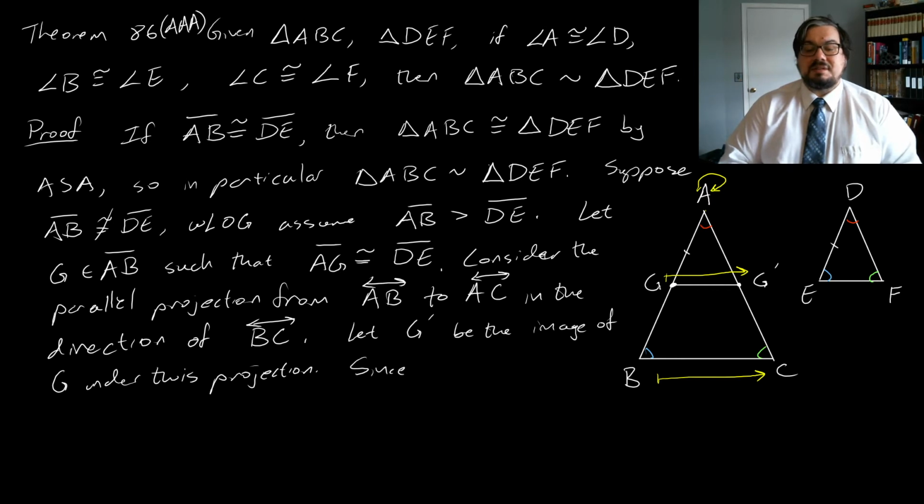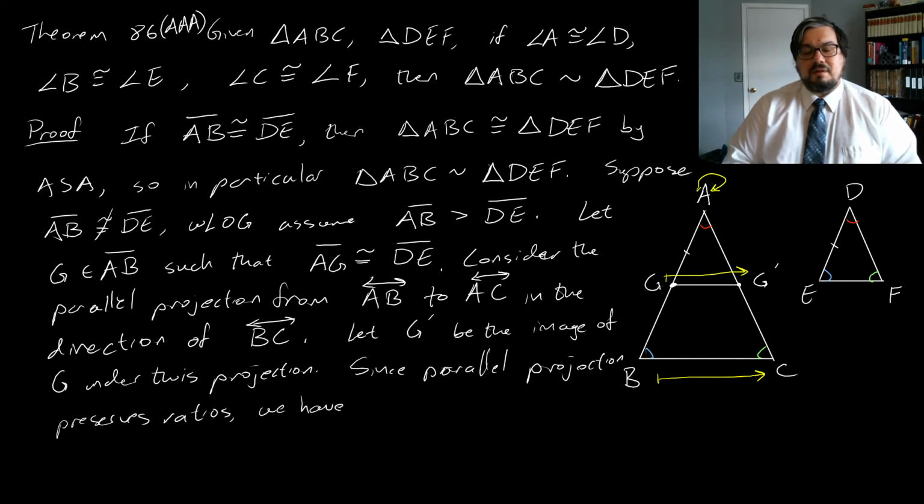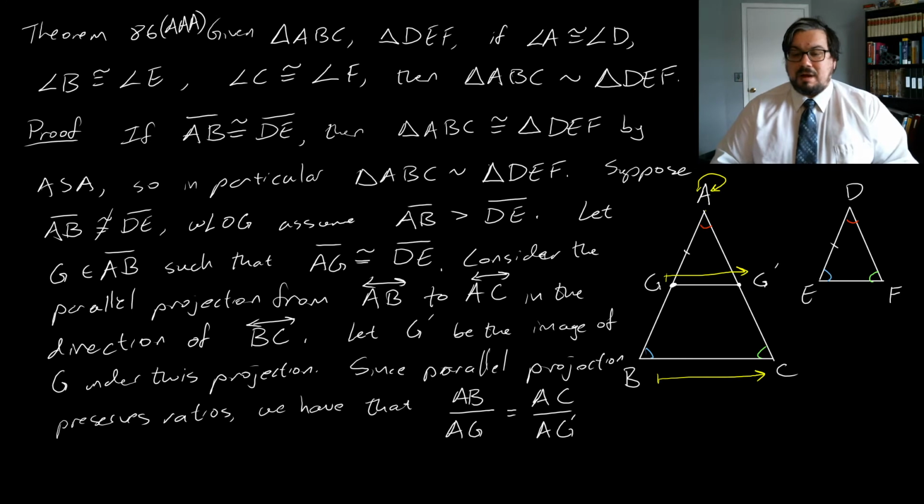Now, since parallel projection preserves ratios, we have that the distance AB over the distance AG is equal to the distance AC over the distance AG prime.